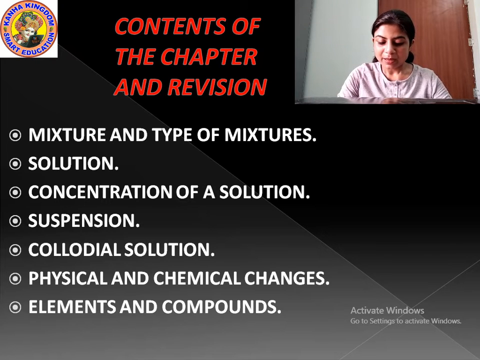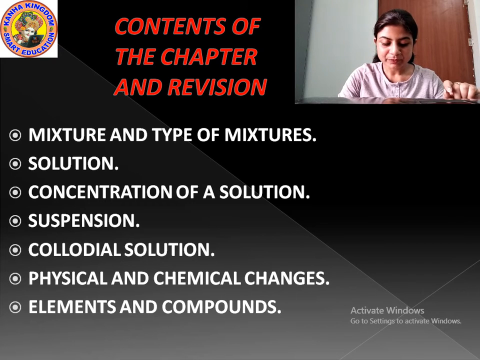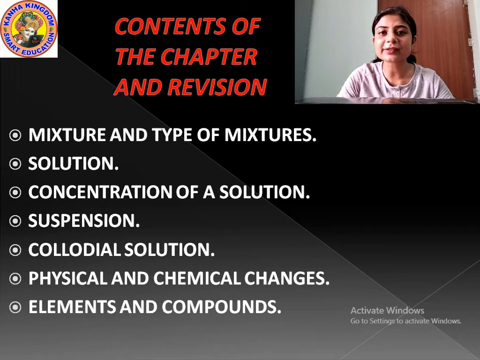Elements are the basic form of matter that cannot be broken down into simpler forms. For example, metals, non-metals, metalloids. Metalloids are those substances that have the characteristics of both metal as well as non-metal.